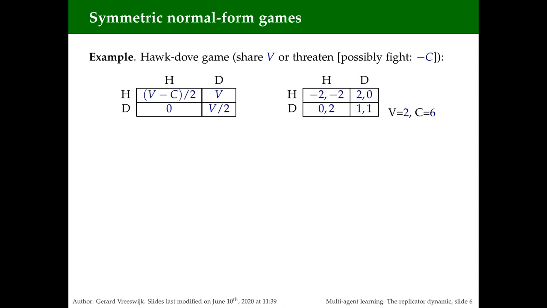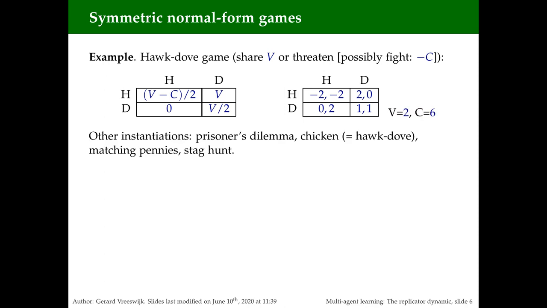So that's the Hawk-Dove game. Well, if you instantiate it, you will get here the chicken game. So this particular instantiation and other instantiations yield analog versions of the prisoner's dilemma or matching pennies or stag hunt. So the Hawk-Dove game is quite a versatile scheme.